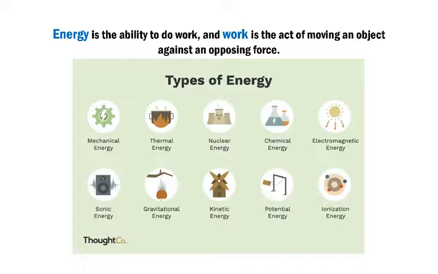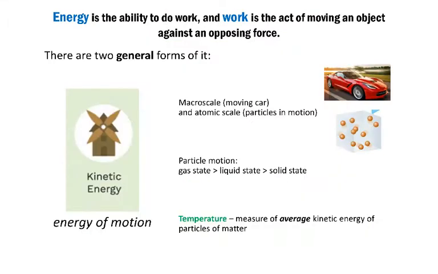So these are all different ways of doing work, which is moving an object against an opposing force. But there are really two general forms of energy that all others fit under. And so the first of those is kinetic energy. So two general forms of energy.